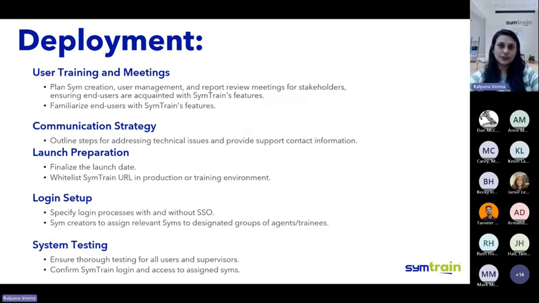And for the trainees, you would want to show them how they can check their performance, how they can run the sims, and if any sim has been assigned to them, how exactly they can check. So all these trainings and meetings are really important. You show them before you launch it, so that they have thorough knowledge of how to use the tool.